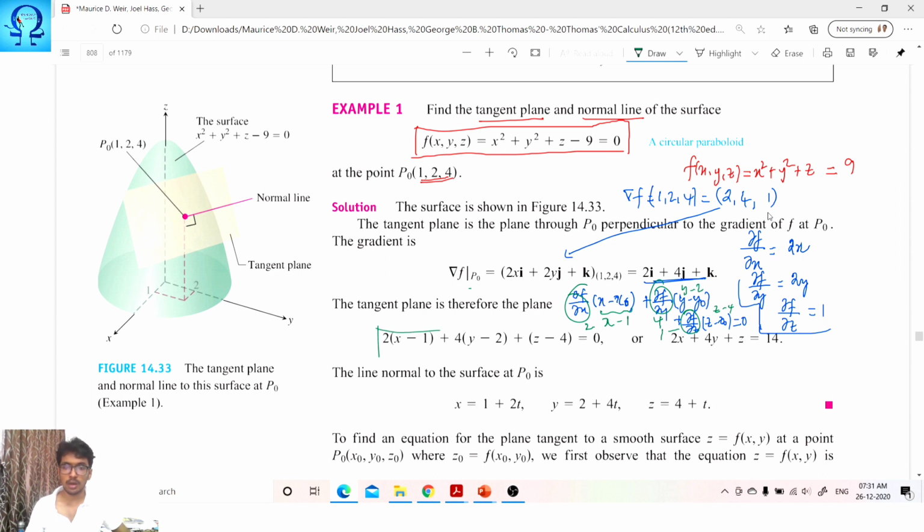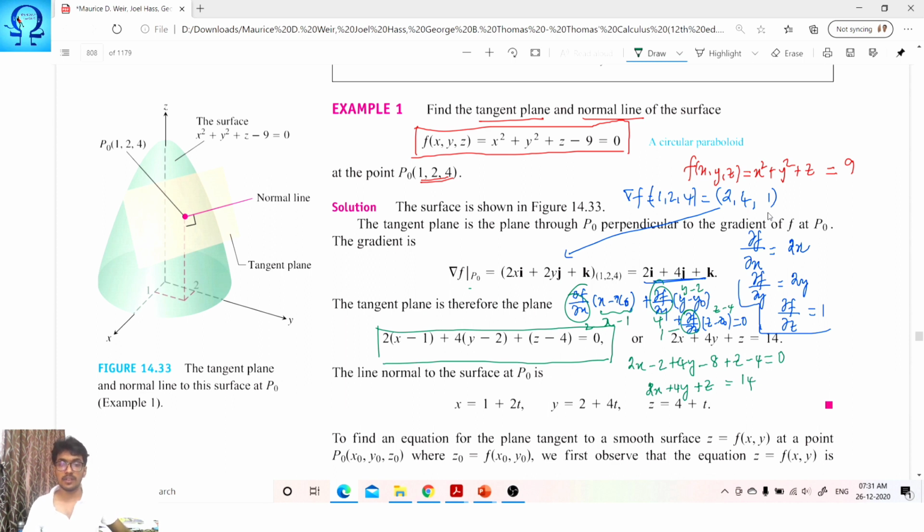So when you give all these things, this is what you are going to get. And you can simplify this as 2x minus 2 plus 4y minus 8 plus z minus 4 equals 0. So when you have only the variables on one side and take the constants to the other side, you would get a 14.